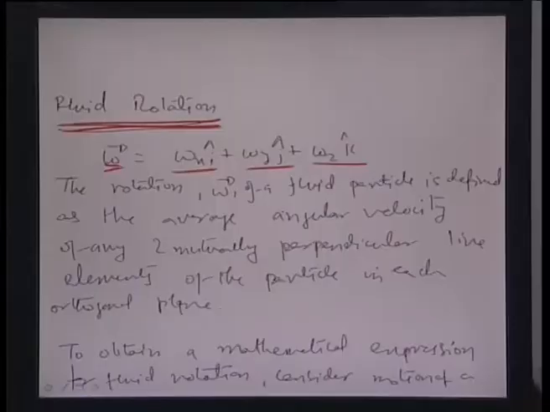That is how you ascertain the average angular velocity of rotation of two mutually perpendicular line elements of the particle in each orthogonal plane. Let us obtain a mathematical expression for this, and it will be a generic expression because it can later be translated to the case where the angle between the planes changes as the rotation goes on, which is also the case of shear deformation, the third case. So let us look at that aspect.